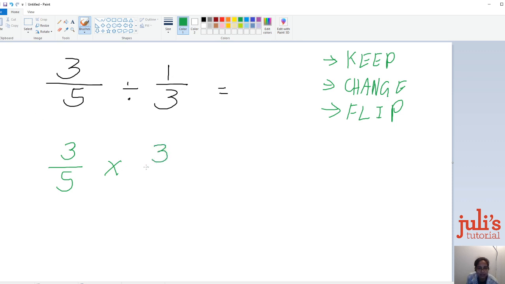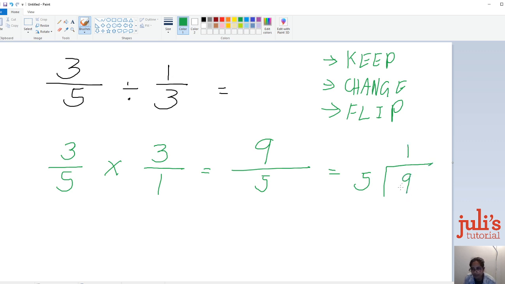So it's going to be 3/1, and our answer is going to be 3 times 3 is 9, 5 times 1 is 5. Okay, 9/5, which we can turn into a mixed number. 5 goes into 9 one time. 5 times 1 is 5. Subtract. I get 4. And I have 1 and 4/5.